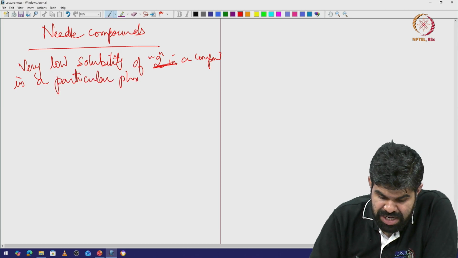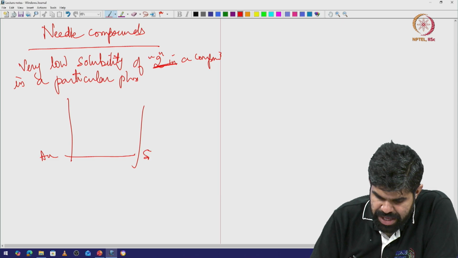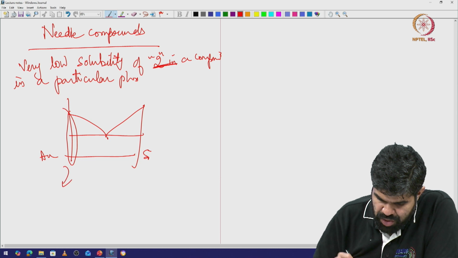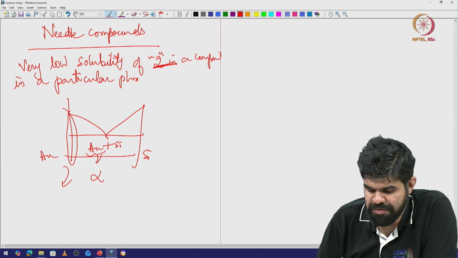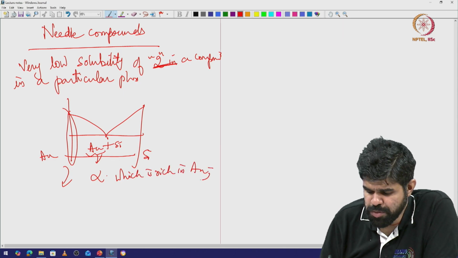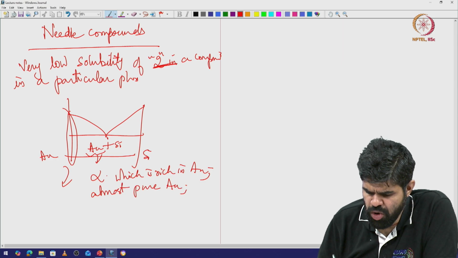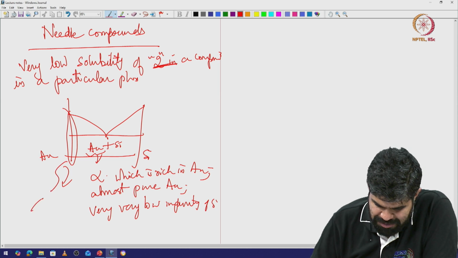For example, if I look at gold and silicon, there is a eutectic, that is fine, but if I actually zoom into this, we said this is gold plus silicon, but what we actually meant was this is some alpha phase which is rich in gold, almost pure gold, with very low impurity of silicon.